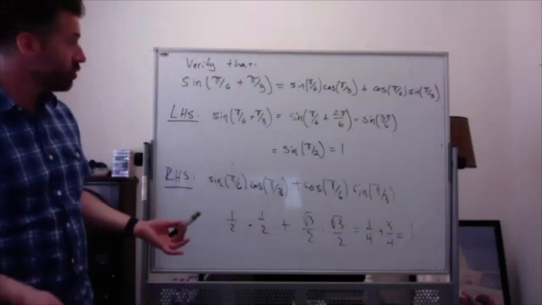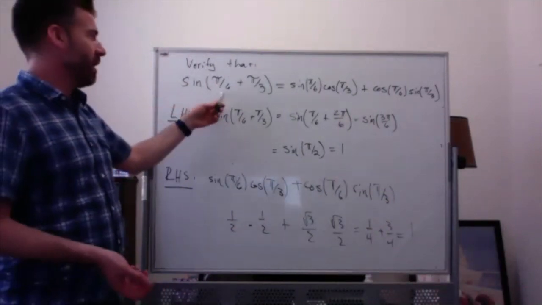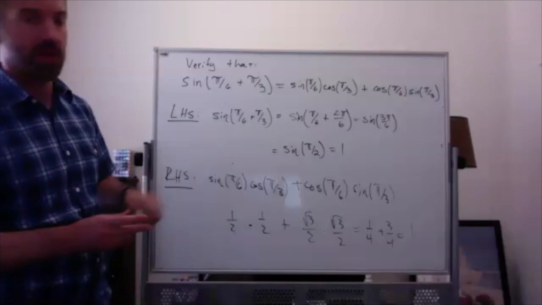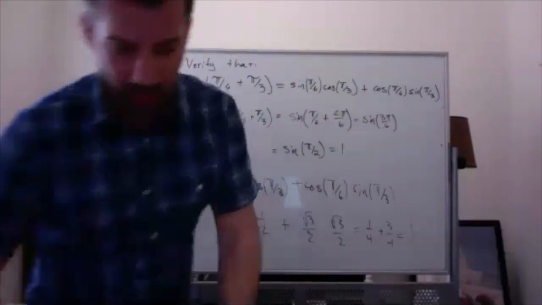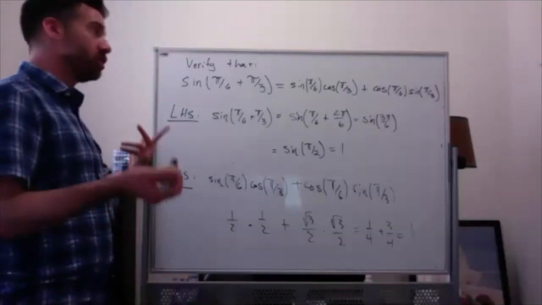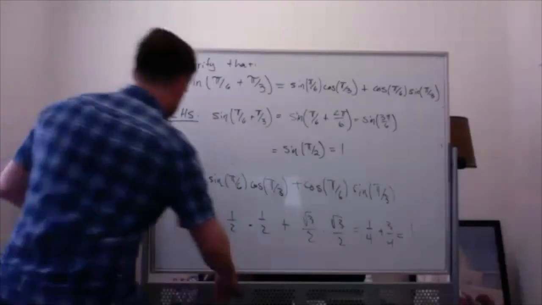So yes, it's true that sine of pi over 6 plus pi over 3 is equal to sine of pi over 6 times cosine of pi over 3 plus cosine of pi over 6 times sine of pi over 3. And here's what we're going to see more generally tomorrow.